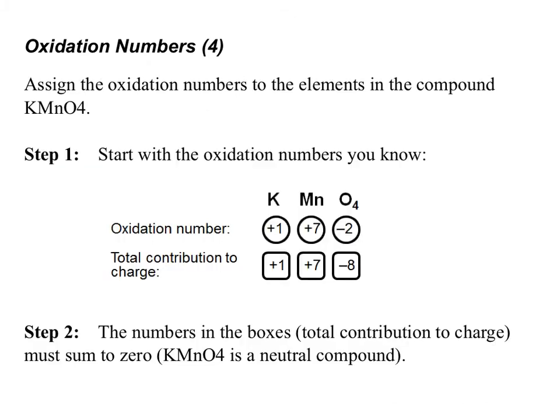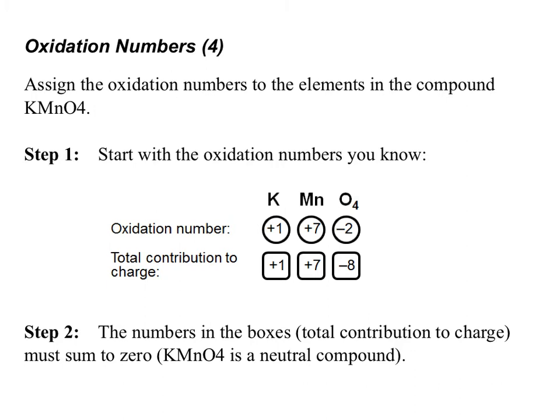For example, if we had to assign the oxidation number of the elements in the compound KMnO4, well, step 1 is that we start with the oxidation numbers that we know. K, potassium, is group 1, so it is always +1. Oxygen is usually -2. We notice that there are 4 oxygens, so we have to multiply the -2 by 4 to get a total contribution of -8.